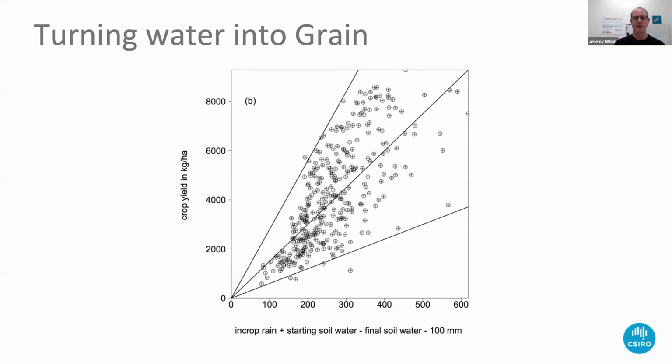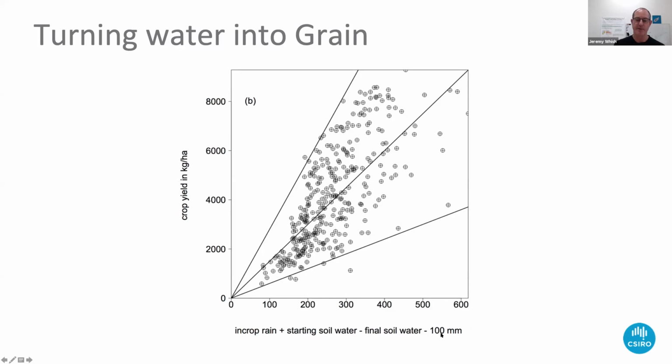Some of you may be familiar with the concept of water use efficiency. It's basically you just take the grain yield and divide it by how much rainfall and stored water you had to get that grain yield. So basically here we take in-crop rainfall, we add how much water we had in the soil, and I'm subtracting any soil water that was left in the soil at the end of the season.